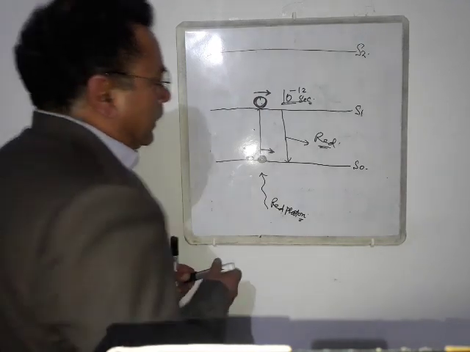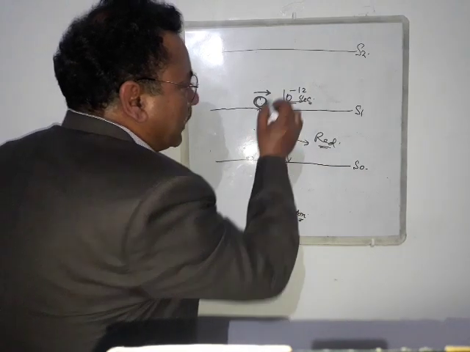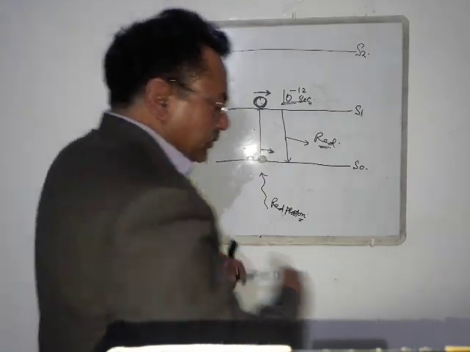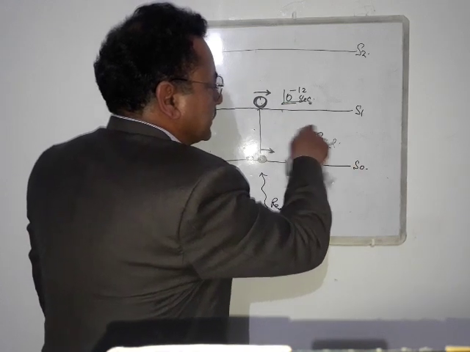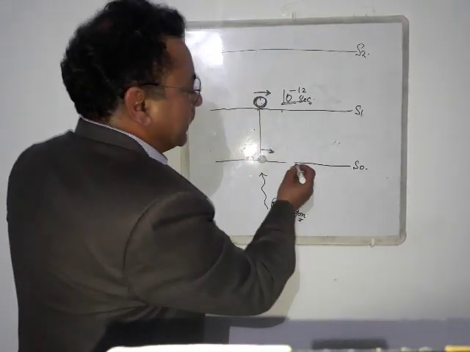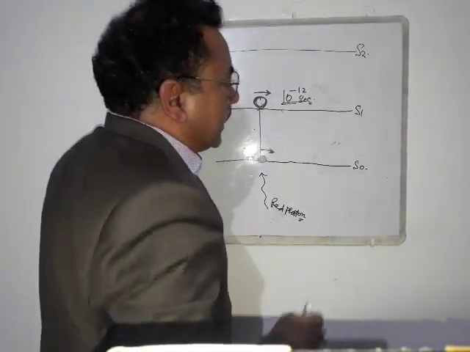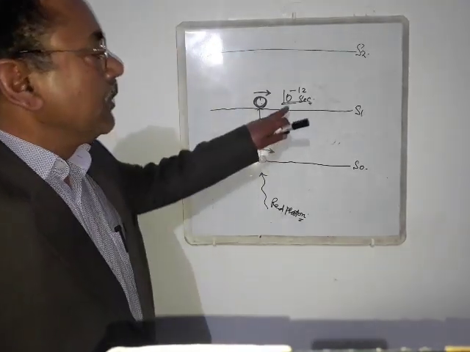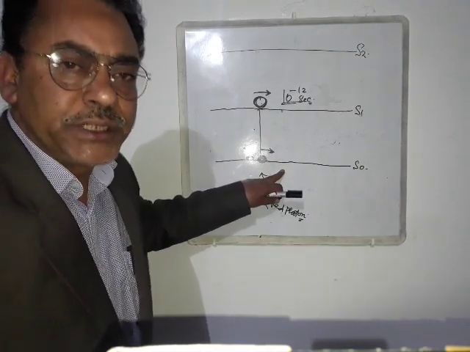Okay, fine. If we do this here, the electron has gone into S1. Suppose a red photon was absorbed and the electron was excited to S1, as we have shown. Sometimes, if the electron acceptor at S1 is not available, the electron tries to reach S0 by losing the energy associated with it.